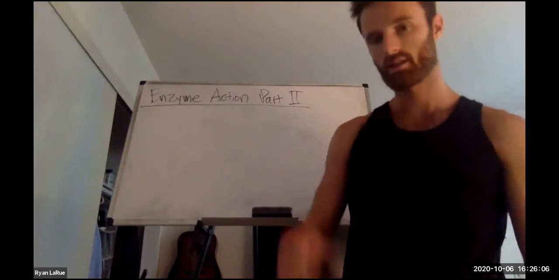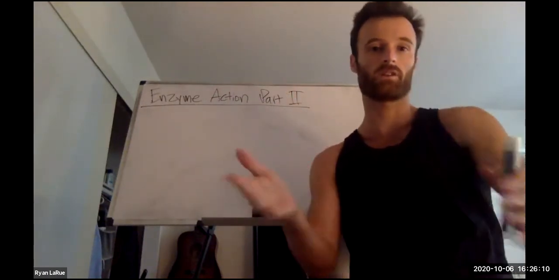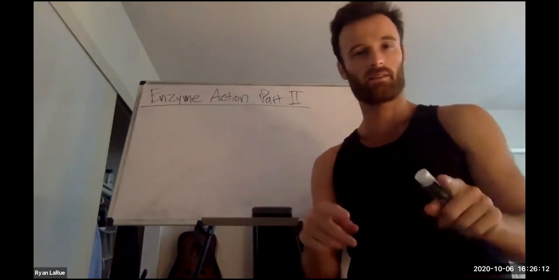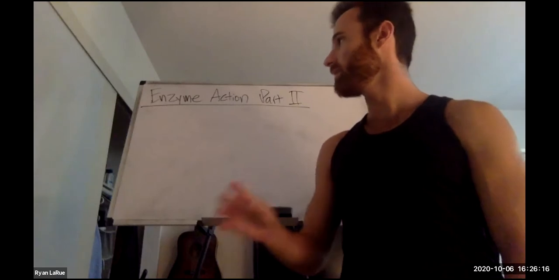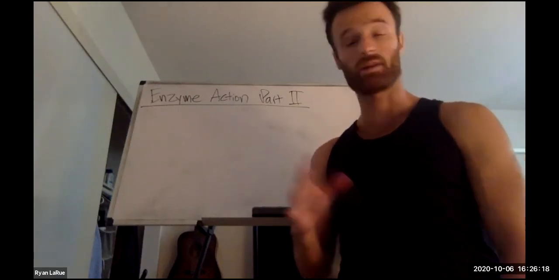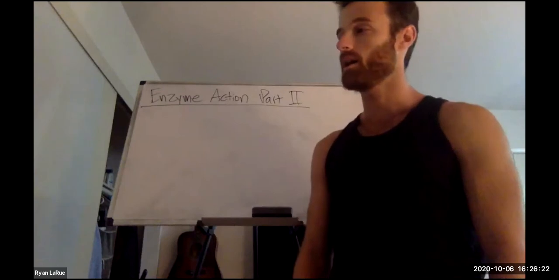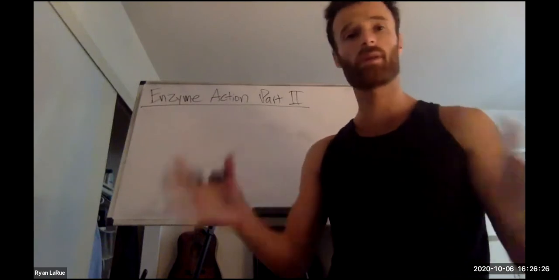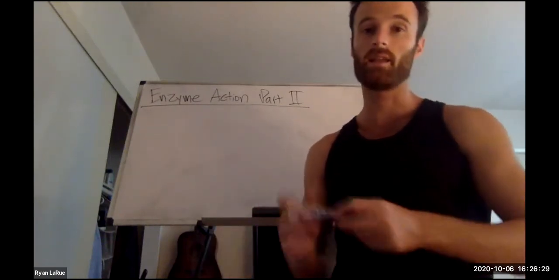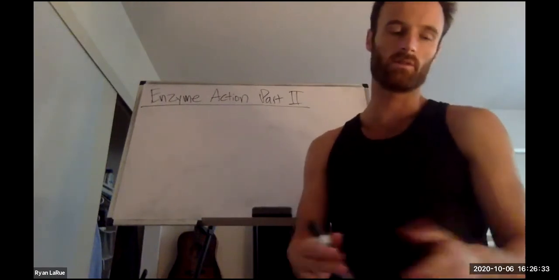So for my synchronous section that's watching right now, because I send this to the asynchronous section, we'll be lecturing on enzymes very soon. And we'll be looking at the different environmental factors that can influence enzyme activity. And that's what part 2 is devoted to.